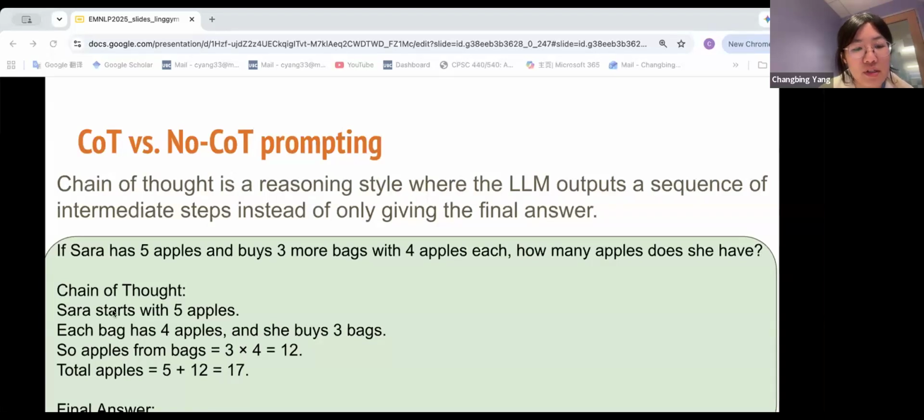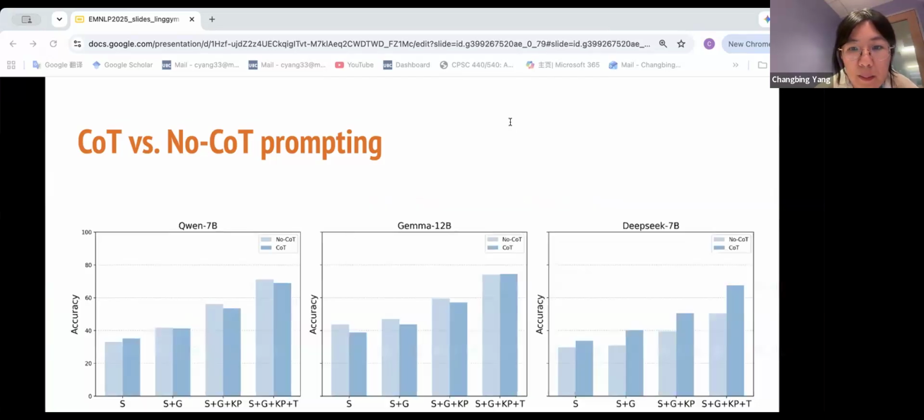Yeah, for example, here's the apple counting example shown below. However, in our results, we find that chain of thought doesn't bring a clear improvement to the performance in our experiment.